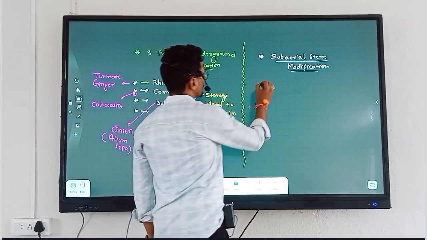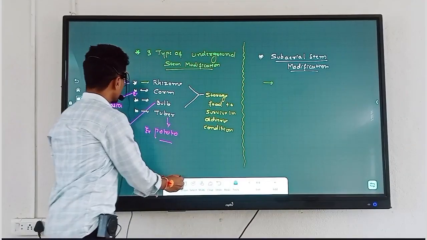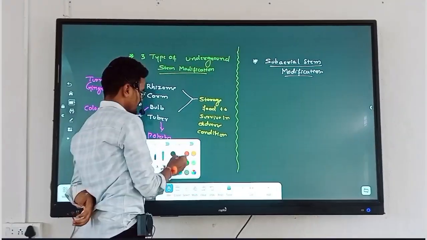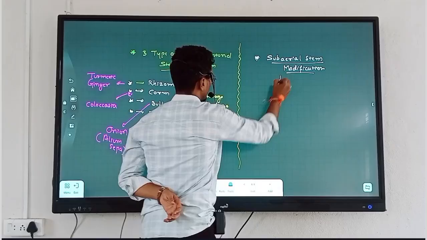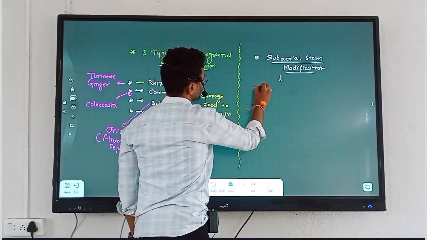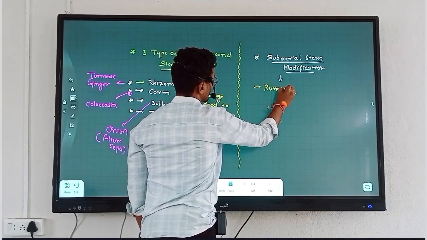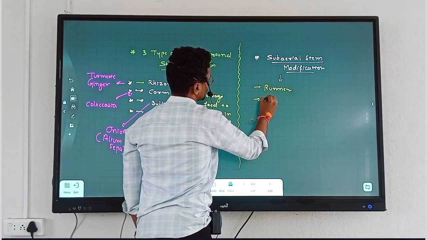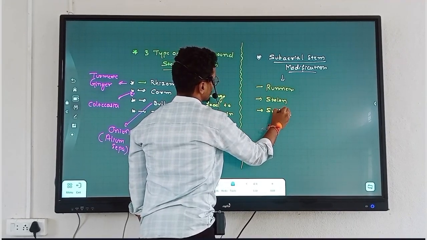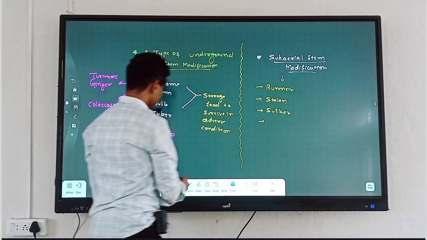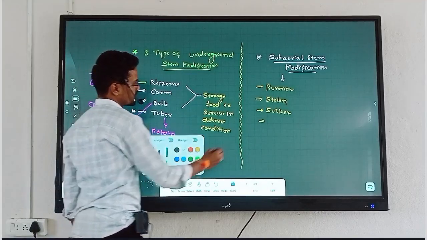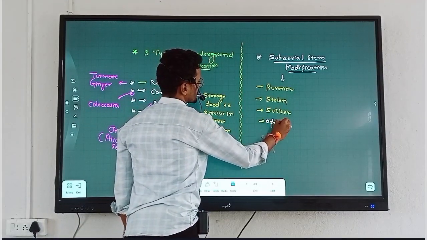Those are the first, runner; second, stolon; sucker; and another one, offset.